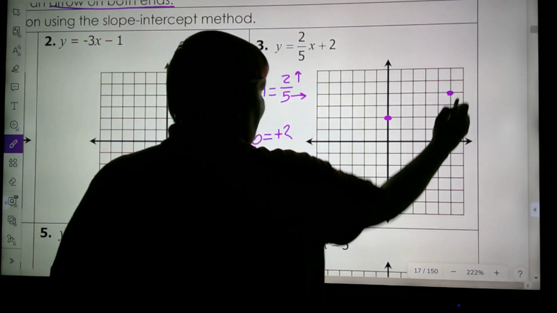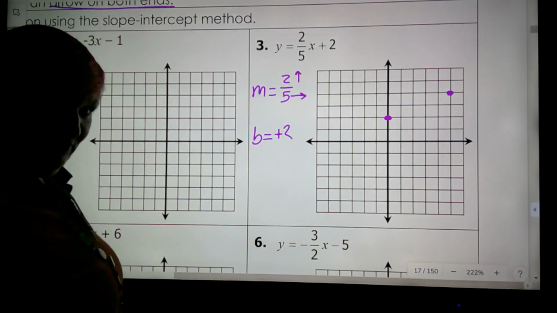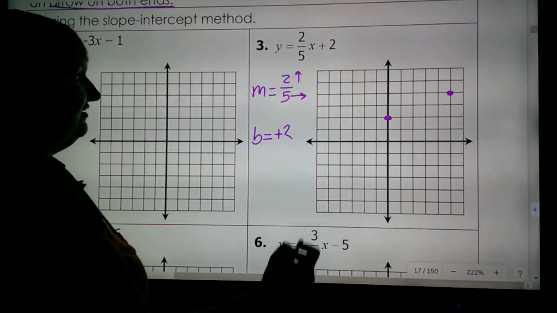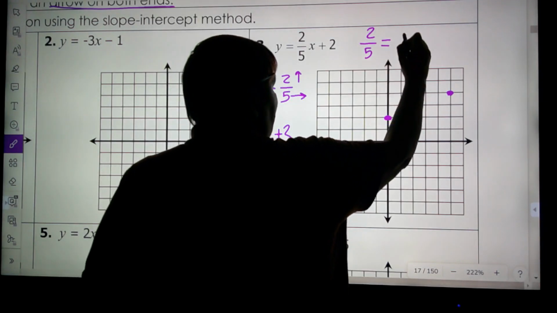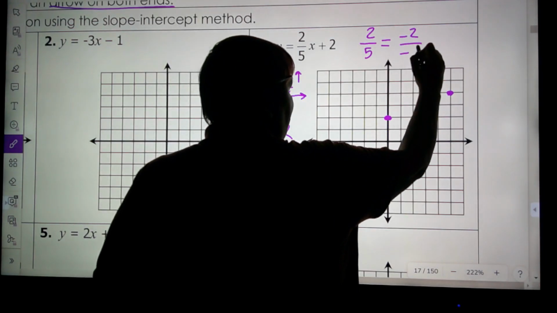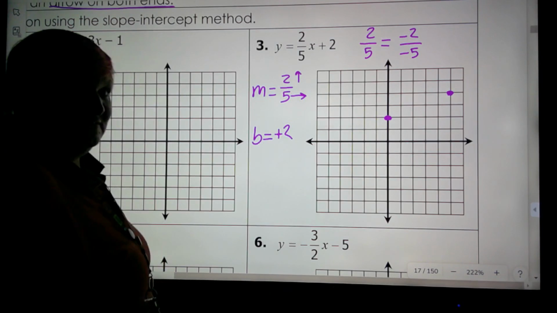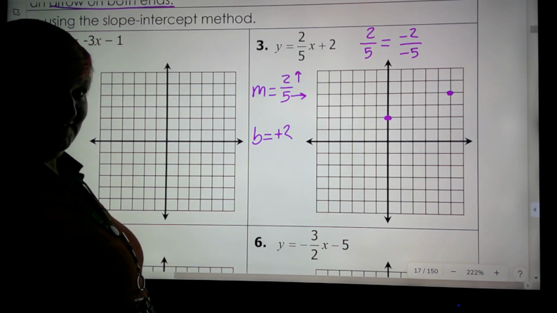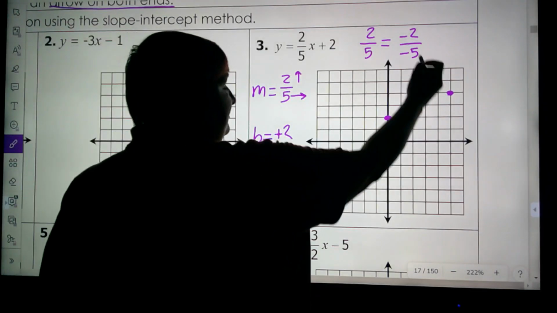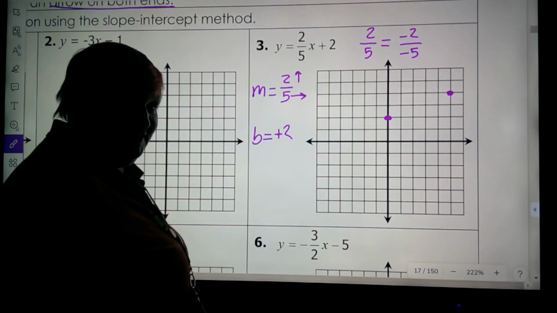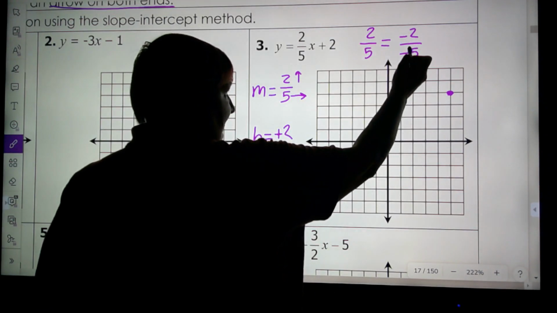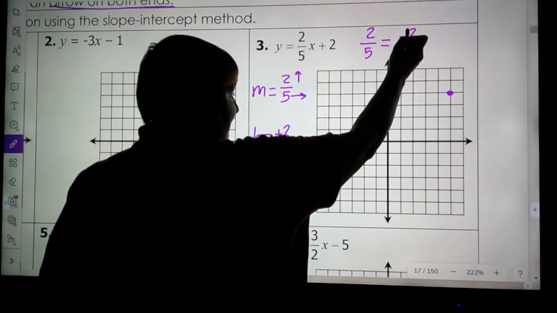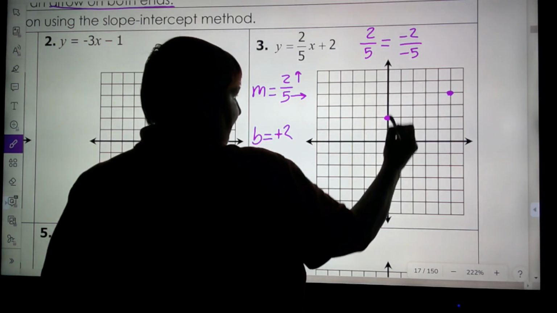right. And again, if you need to go backwards, remember, 2 over 5 is the same as negative 2 over negative 5. It's the same thing. So if you need to go the other direction to make it fit on your graph, then do the opposite here. Down 2, left 5.